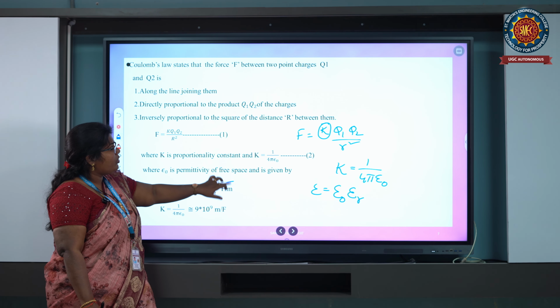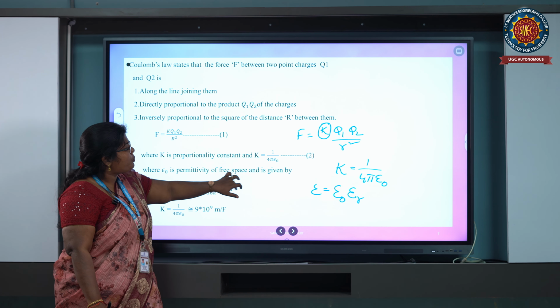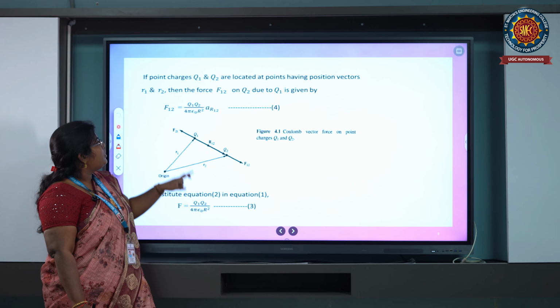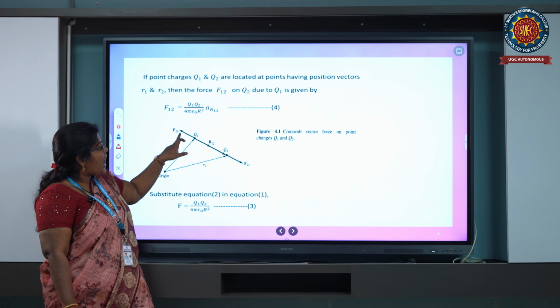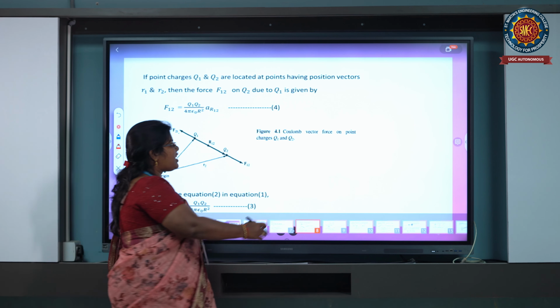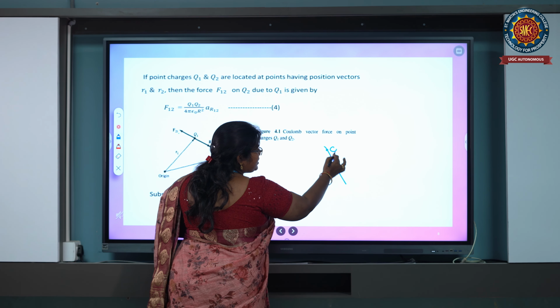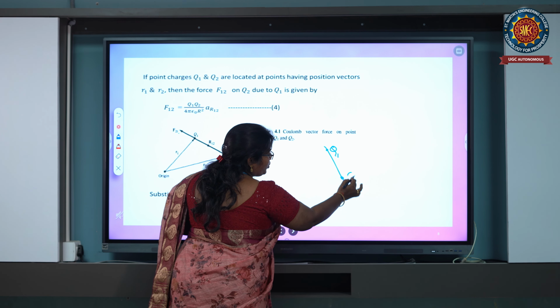Whatever the force acting between two point charges, this is a line charge, Q1, and this is Q2.